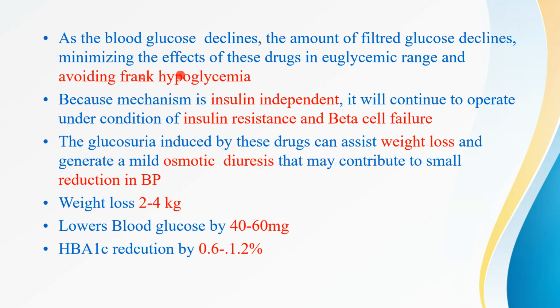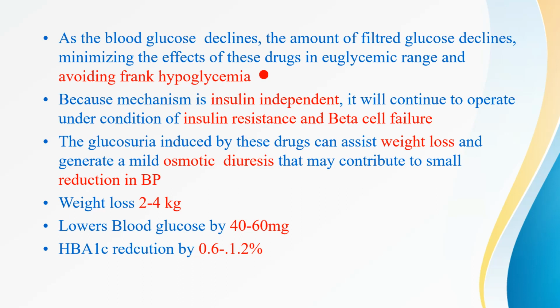And as the blood glucose level comes in the normal range, the effects of these drugs also decline, so there are very little chances of frank hypoglycemia in patients who are on SGLT2 inhibitors. As we know that this mechanism is insulin independent, they continue to operate under the conditions of patients with increased insulin resistance and beta cell failure.